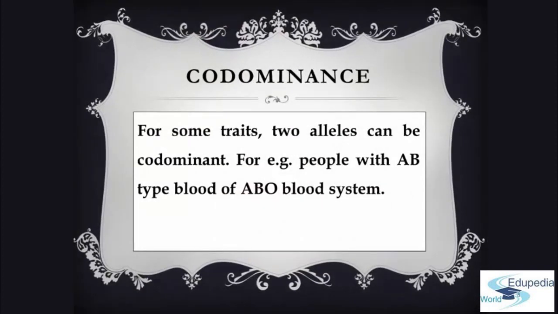Next phenomenon is codominance. For some traits, two alleles can be codominant. For example, people with AB type blood of the ABO blood system.